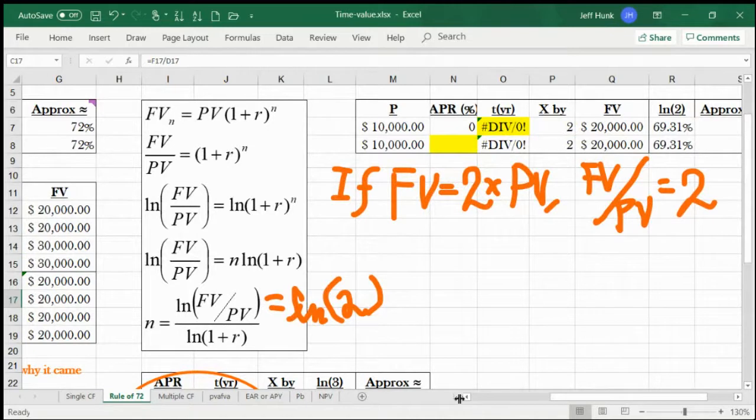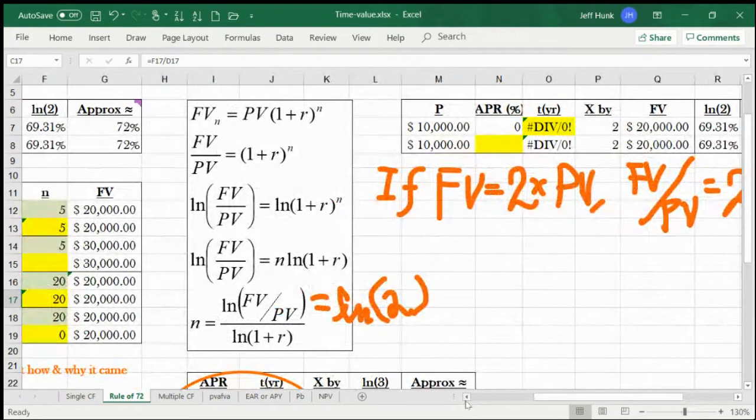So our question is then, we take the natural log of 2, and if you do that, actually you will find it's something like 0.6931 dot, dot, dot, right?